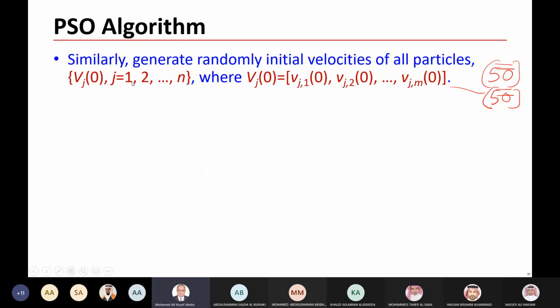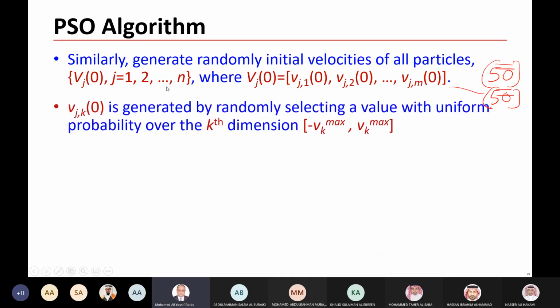Of course, the limits here is V max and V minimum or minus V max. So Vj for particle j in dimension k generated by randomly selecting a value with uniform probability over this. So you can easily write this value.